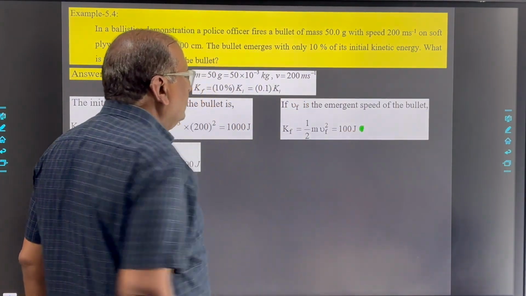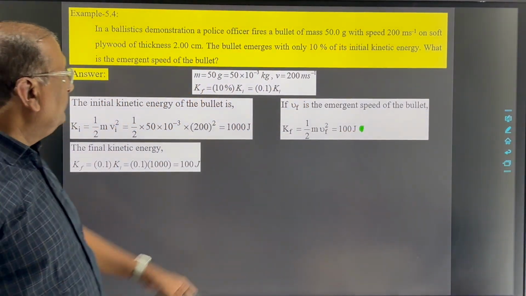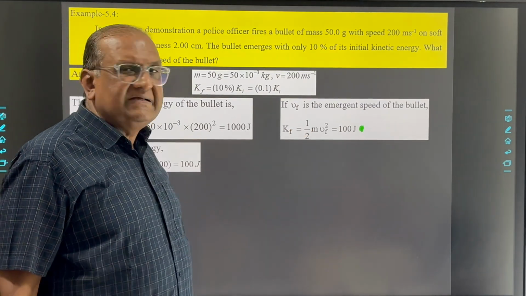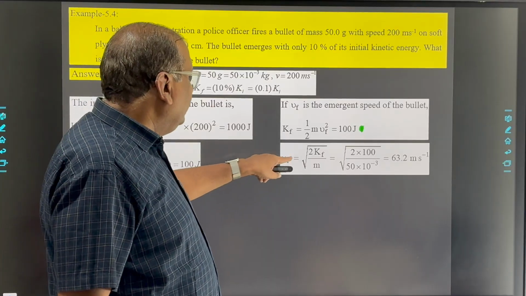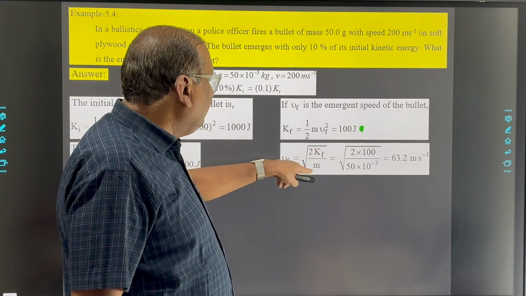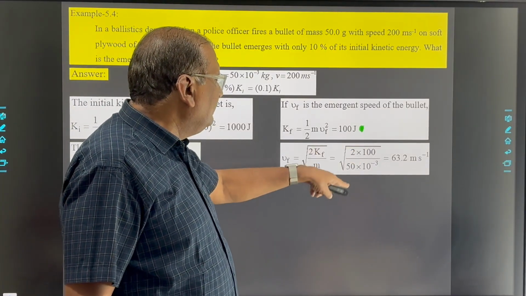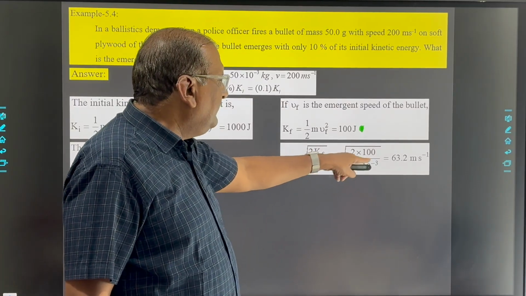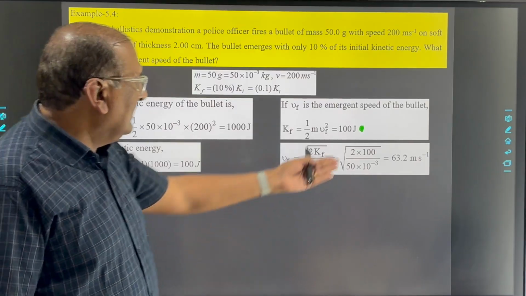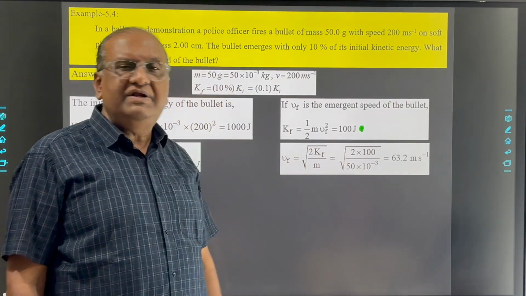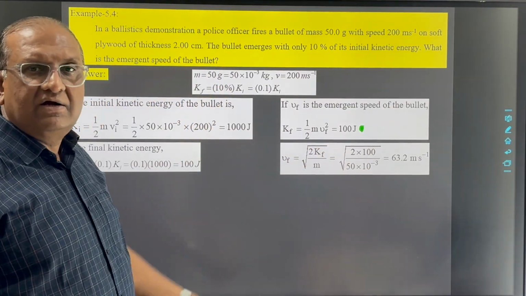Now substitute the value of mass and make Vf the subject of the equation. So Vf is under root 2 Kf upon m, where 2 Kf is 100 and m is 50 into 10 raised to minus 3. When you solve it, you will get the answer 63.2 meter per second. Clear to all of you?